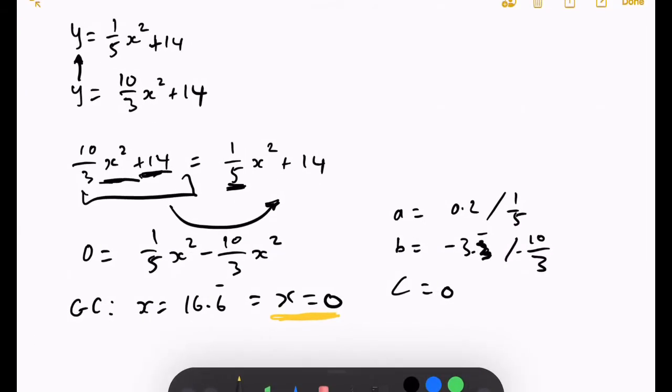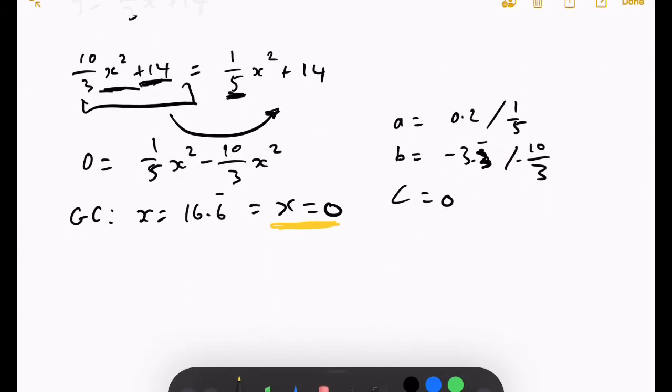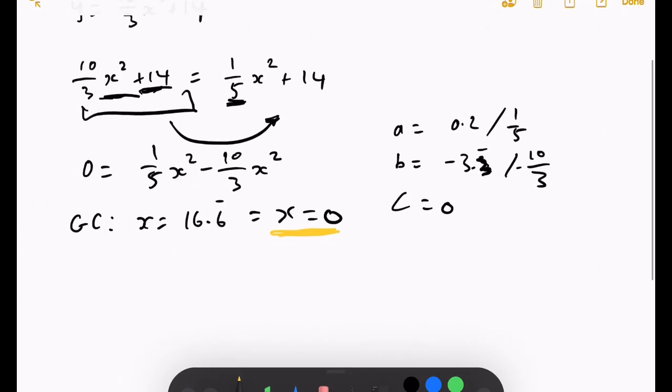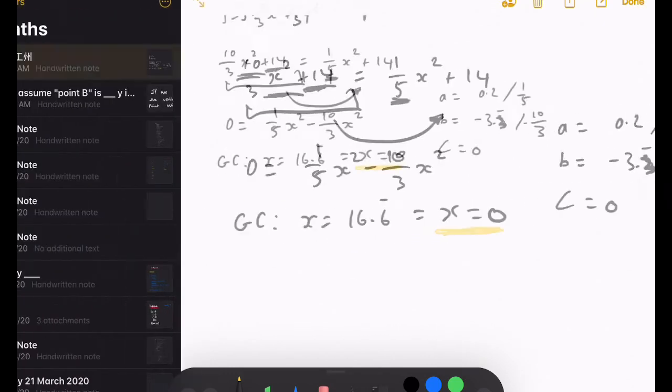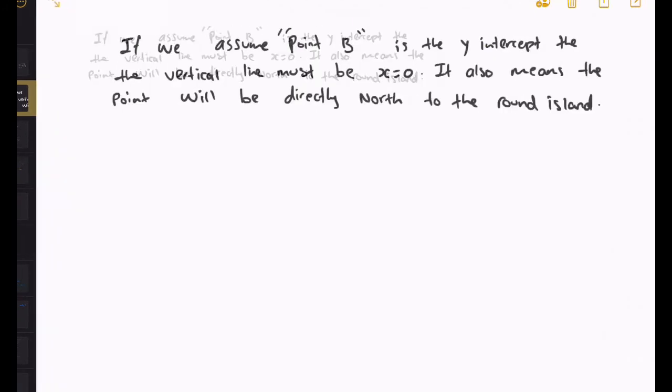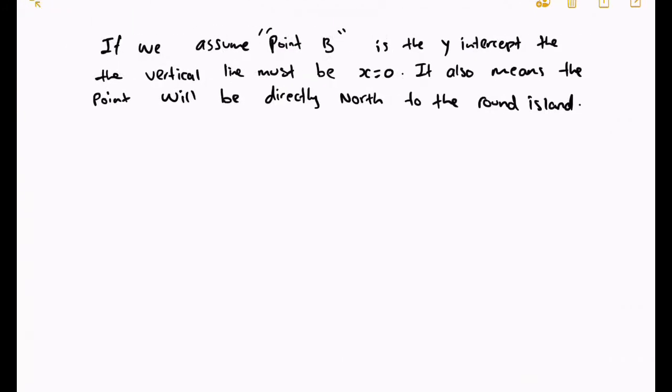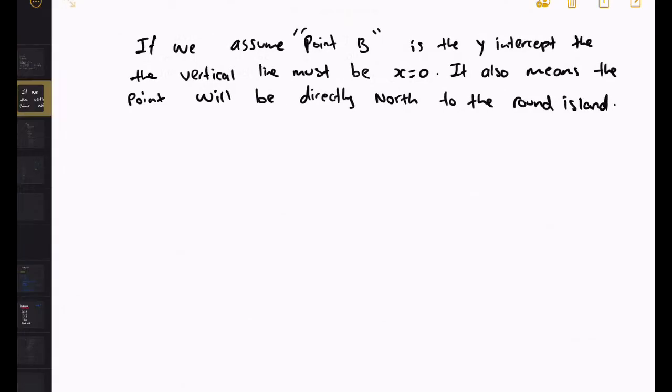So therefore, you have to write a sentence or two on why x equals 0, like this: if we assume point B is a y-intercept, the vertical line must be x equal to 0. It also means the point will be directly north of the round island.